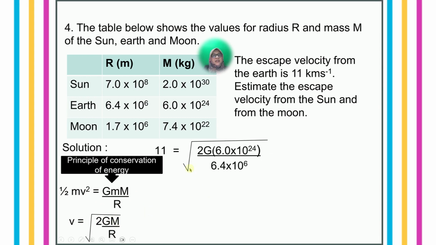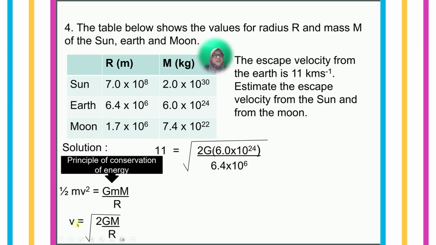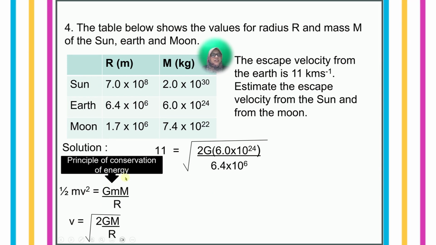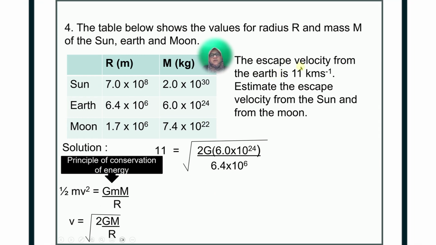Okay, next we substitute the value of escape velocity. Remember that for the escape velocity, we use the derivation from the principle of conservation of energy. The physics concept we use here is the principle of conservation of energy, because the question wants escape velocity.